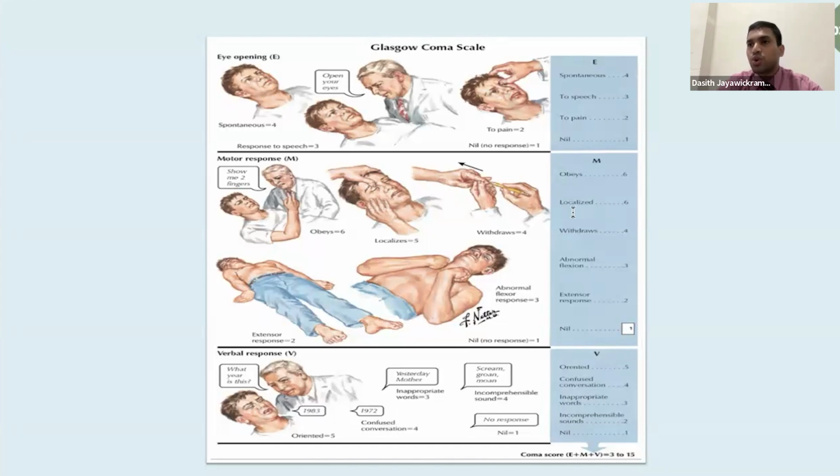What is the GCS score? They can give you this as an SBA. So if you know the GCS score, it will be good. Knowing the GCS score is important.